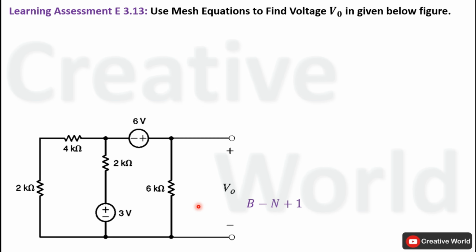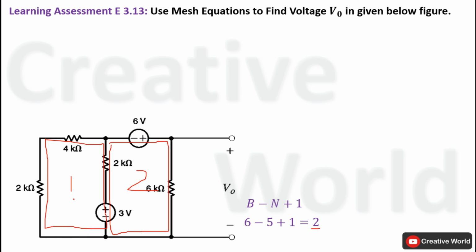Number of branches in this network is 6 and number of nodes is 5. Place these values inside this equation. So the maximum number of meshes that can be formed in this network is 2. These two meshes can be formed using these paths inside the network. This will be first mesh and second mesh will be formed using this path.